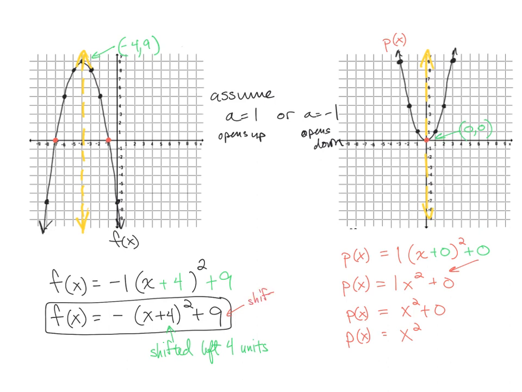If it's positive, guess what? It shifts up. Shifted up 9 units. If this were negative, I would have said shifted down 9 units. Just like if this number inside with x were negative, I would say shifted to the right. The last thing that we have going on here is this negative. This negative causes a reflection.